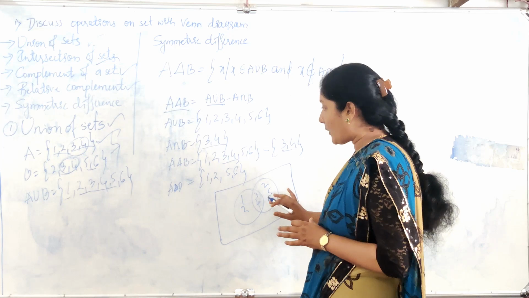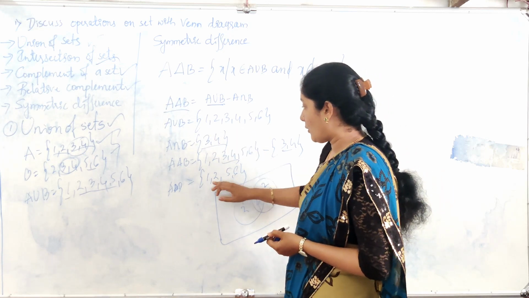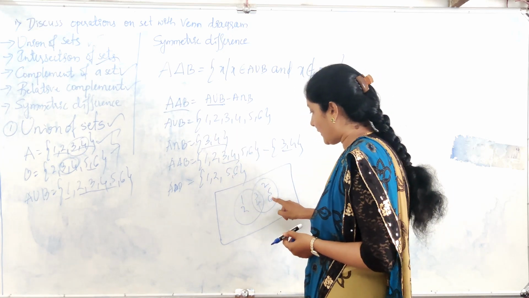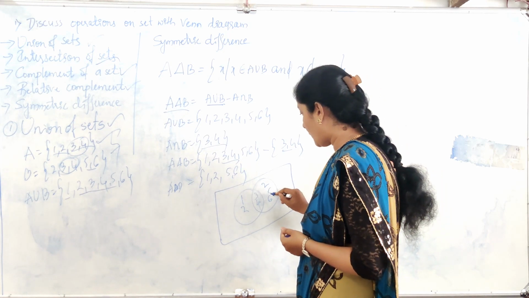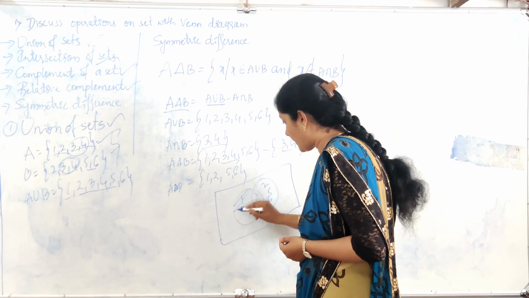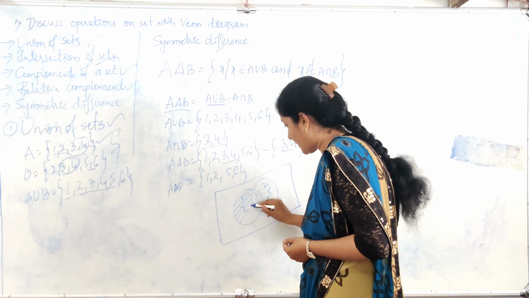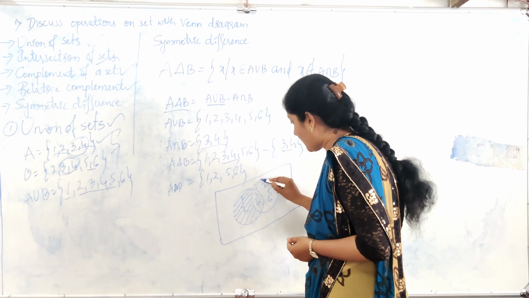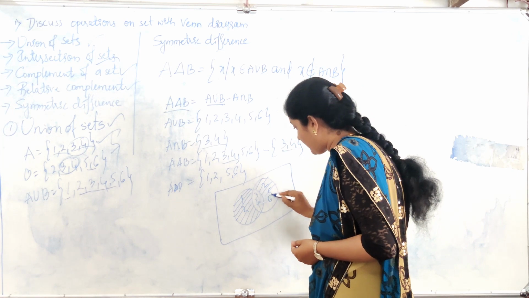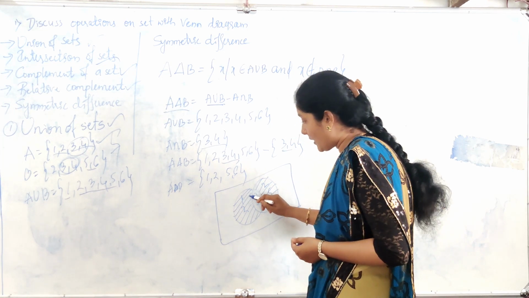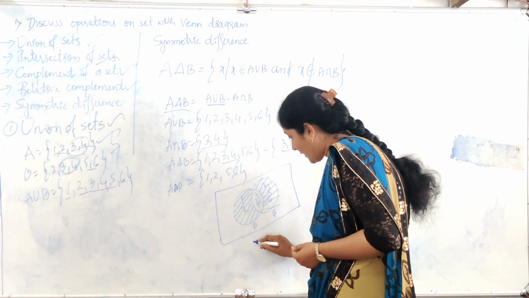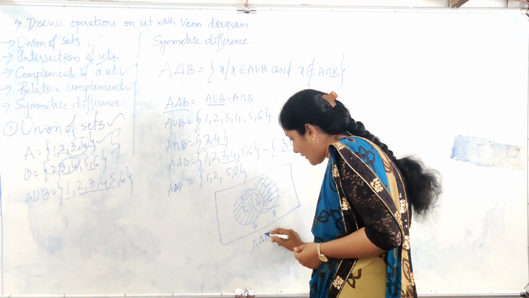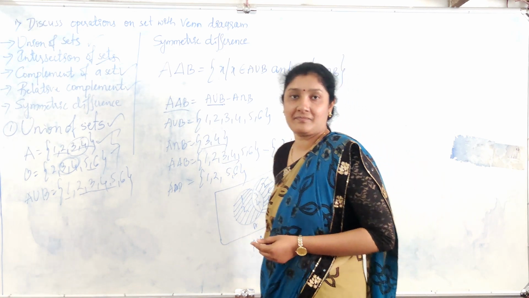So we have 1, 2, 5, 6. That means only this portion, except the intersection portion, is shaded, and the intersection is not shaded here. So this is A symmetric difference B.